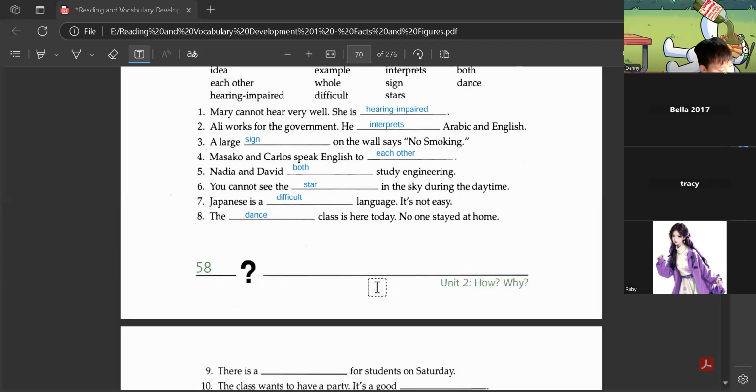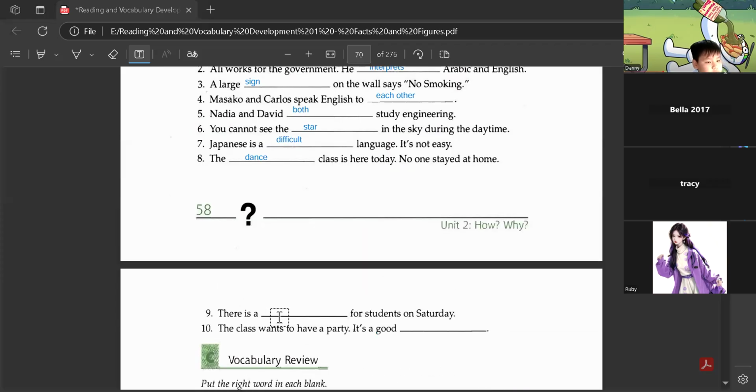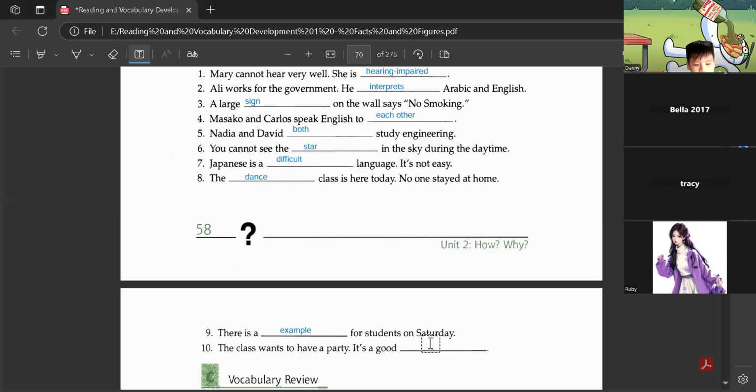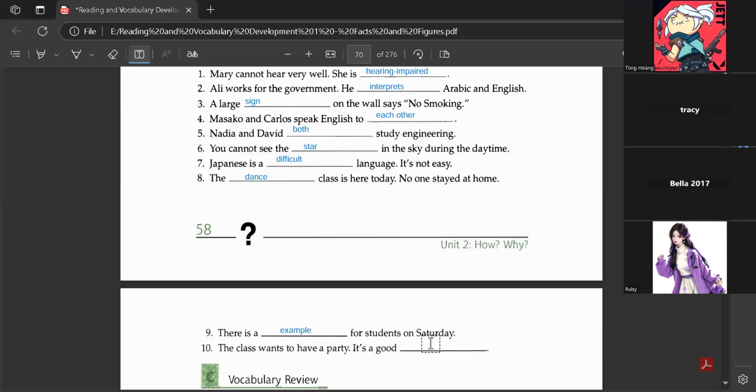Number 8 is here. I hear it not very well. Why is it example? It should be example something. Okay, never mind. Number 8, I hear it not very well. Oh, very nice. I thought it should be whole.